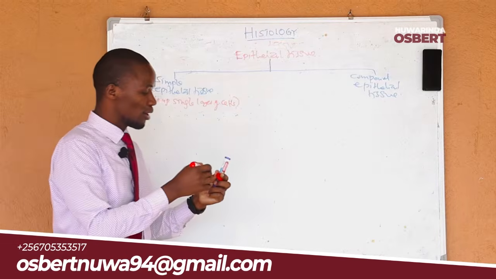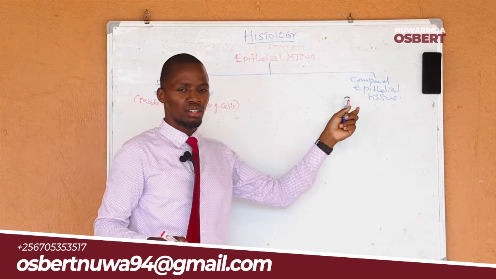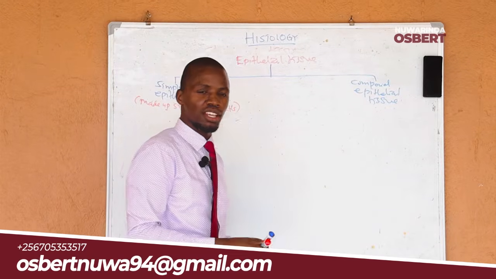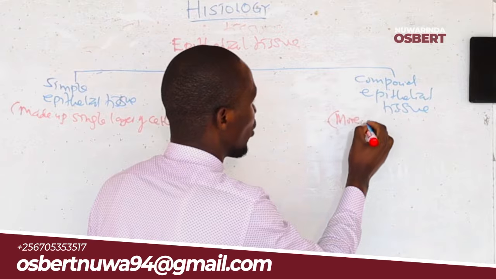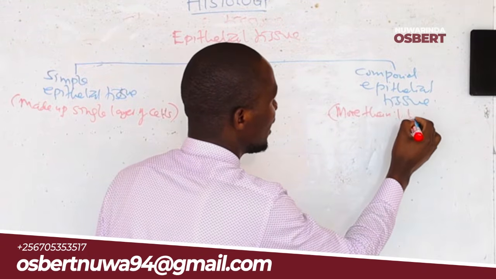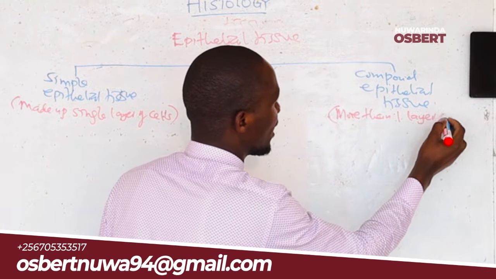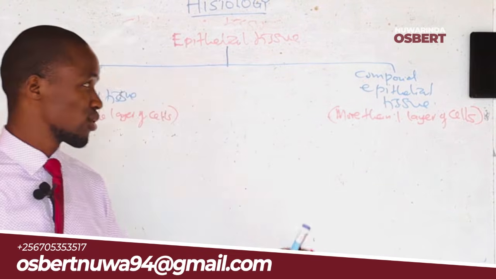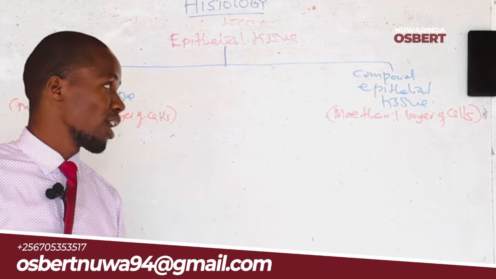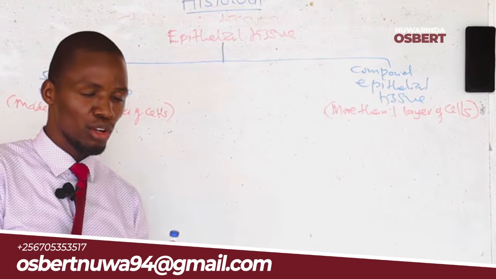But within the compound epithelial tissue, we have more than one layer of cells. That's what is under the compound epithelial tissue.